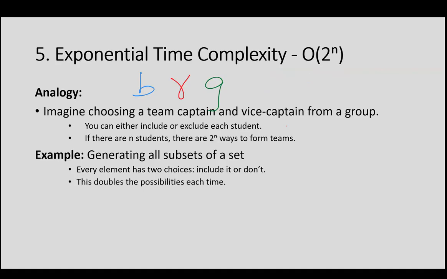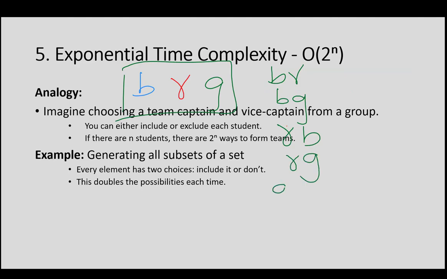So I have 3 inputs. Now, if I say form a team of 2, then how can I form it? Either I can go with B and R, or B and G, or R and G, or G and B.